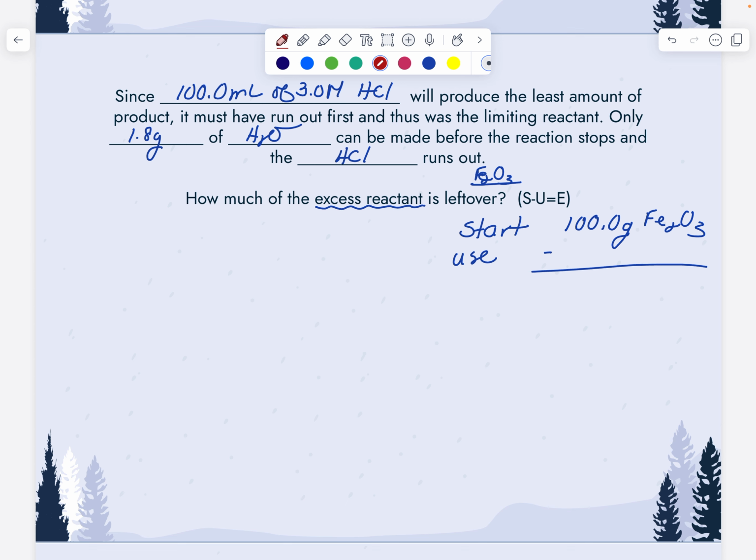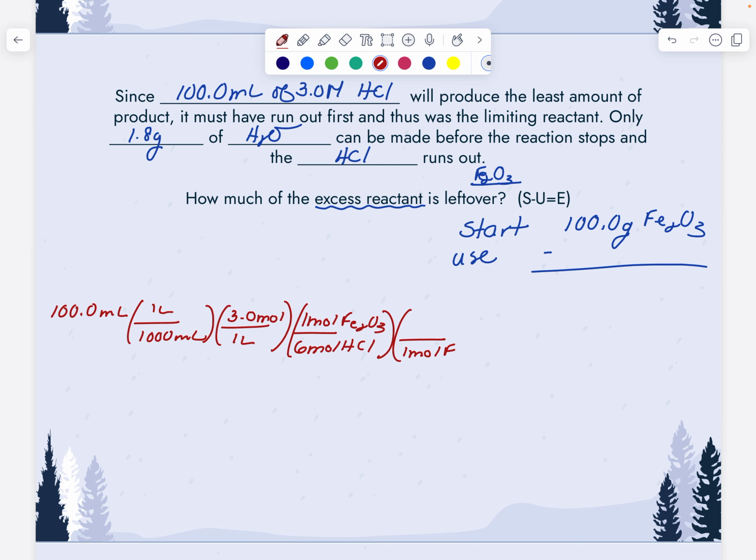We have to go back and start with the limiting reactant again. 100.0 milliliters, and then 1,000 milliliters is 1 liter, and then 1 liter of that HCl contains 3.0 moles. According to the balanced chemical equation, 6 moles of HCl will use 1 mole of Fe2O3.